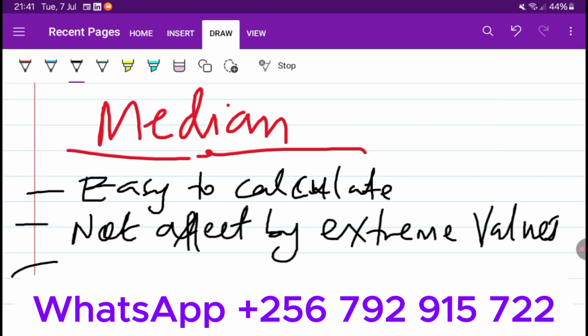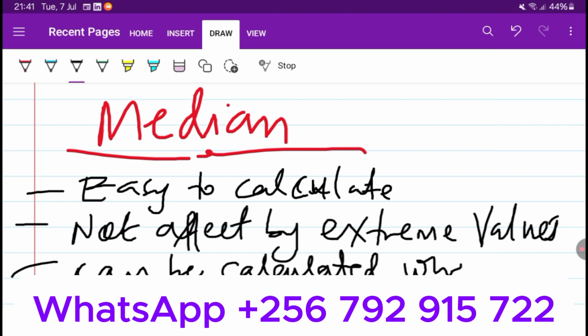Then the other is that it can be calculated when not all values are known. Even when we have some missing observations or individual values, you can easily get the median.